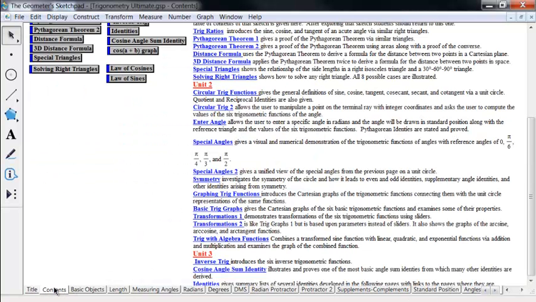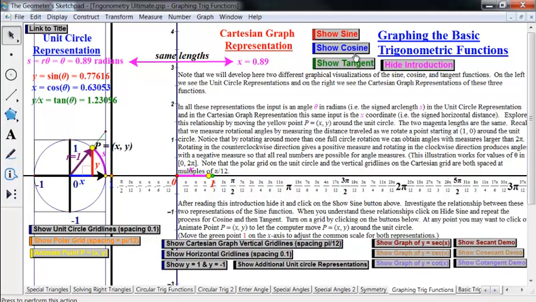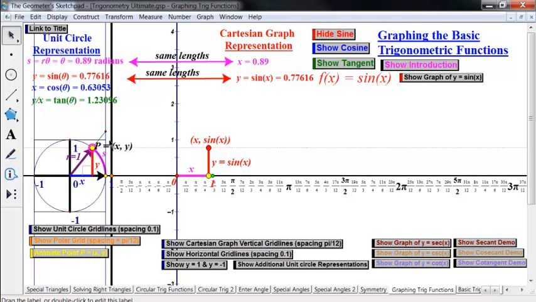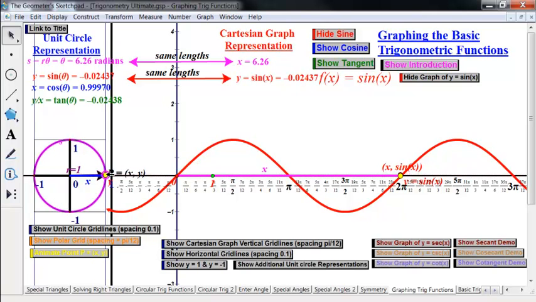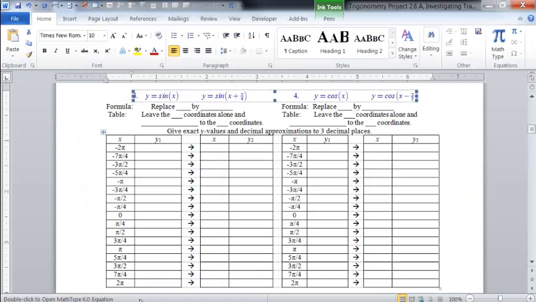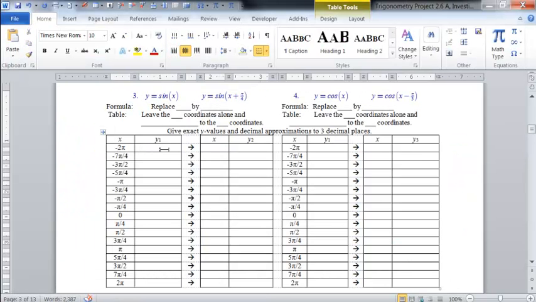And let's say if we go here and we look at sine, and there's the graph, notice that when we start at 0, we should be at 0 for output. So that's a y value of 0.